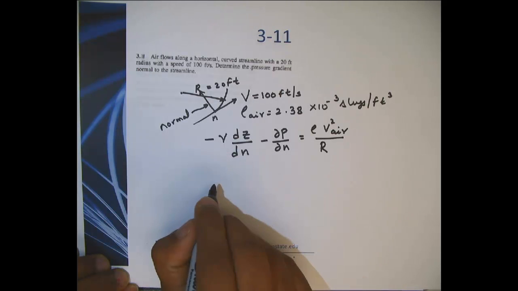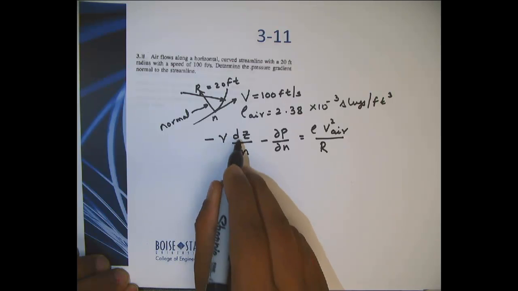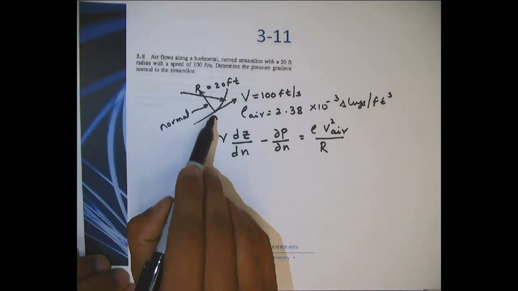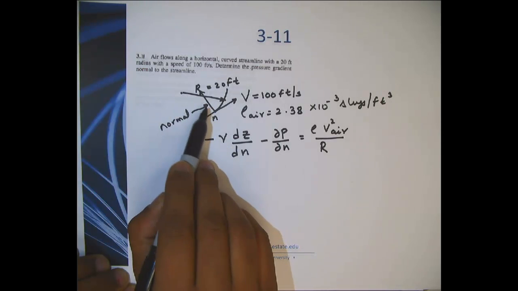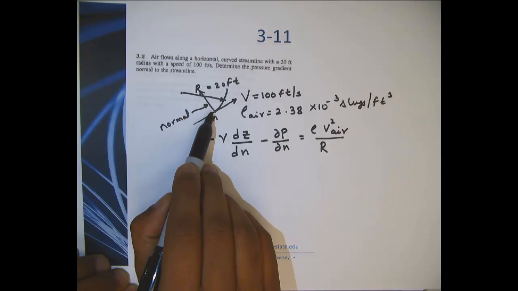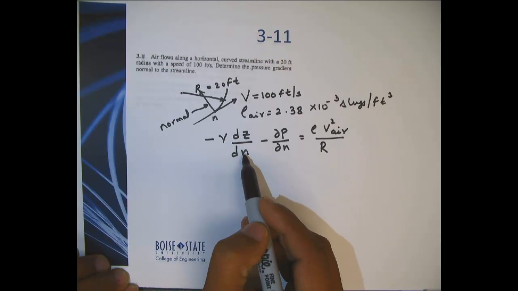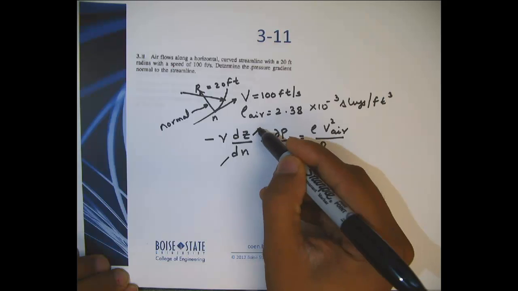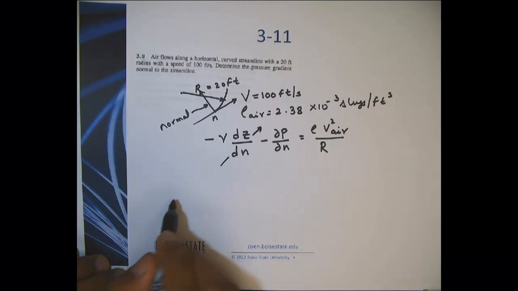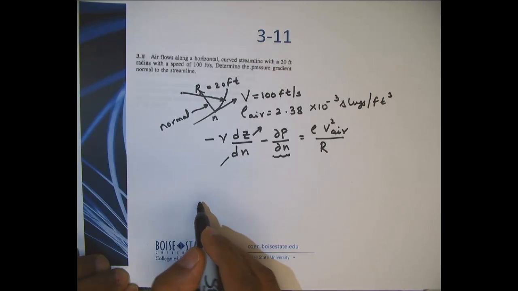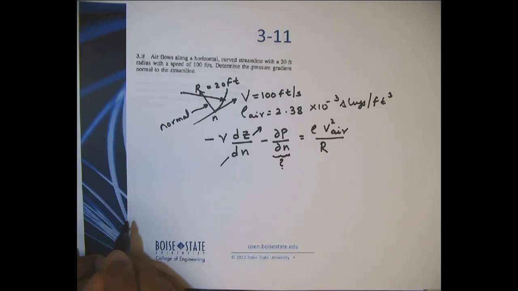Let's look at whether some of these terms can be neglected. Let's look at dz over dn. If you look at this normal, we are on a flat surface, and no matter where we are on this, z is always the same. So the gradient of z with respect to n will be 0. Okay, so there we have it. We are after the gradient along the normal, which is this one. This is what we are trying to find.